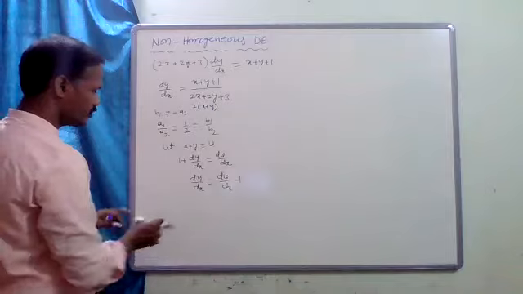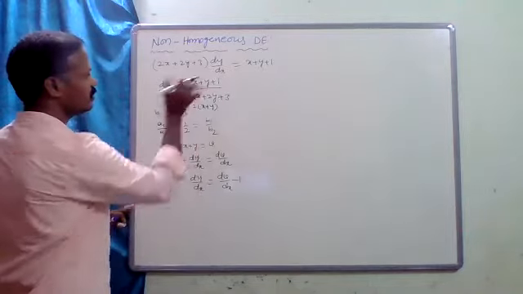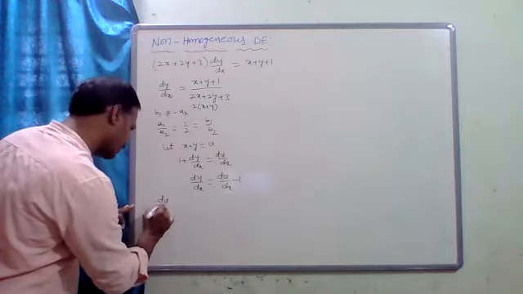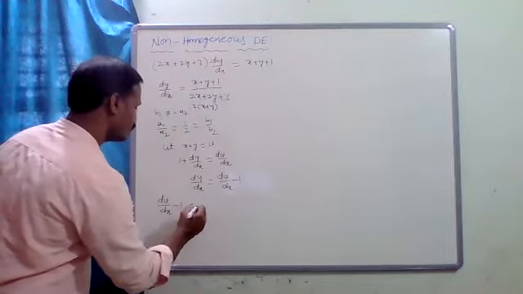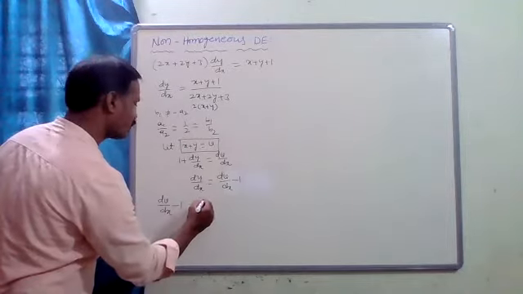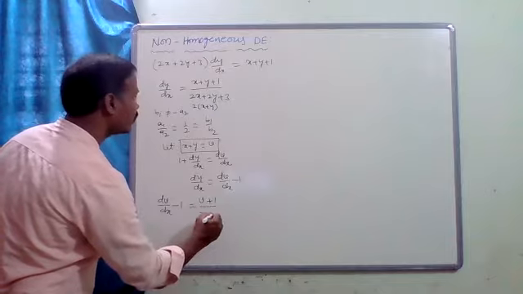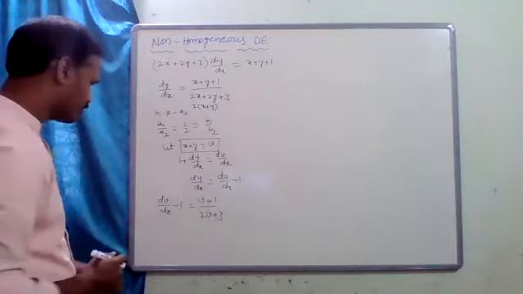Okay. Now substitute this dy by dx value in the given differential equation. Then dv by dx minus 1 equals v plus 1 by 2v plus 3, where v is the value of x plus y.